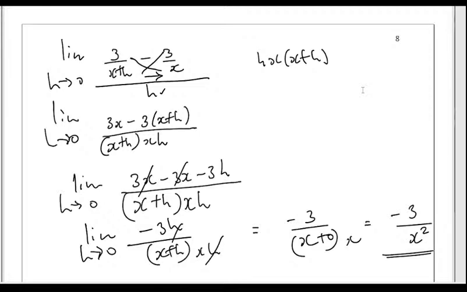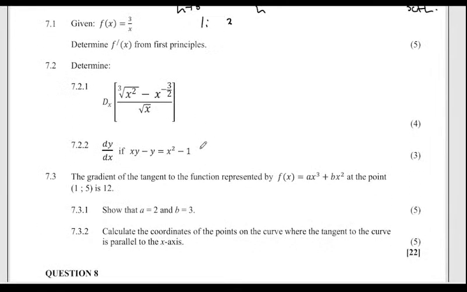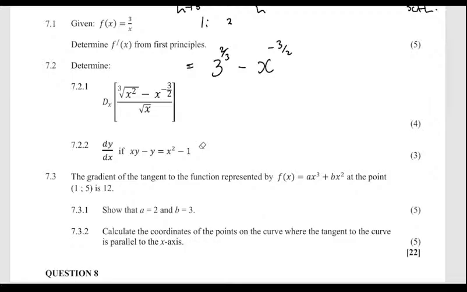Then 7.2. They want us to find the dx of this. So split this up as you change the exponents. So this is going to be 3 to the exponent 2 over 3 minus x to the negative 3 over 2. Why am I saying 3?